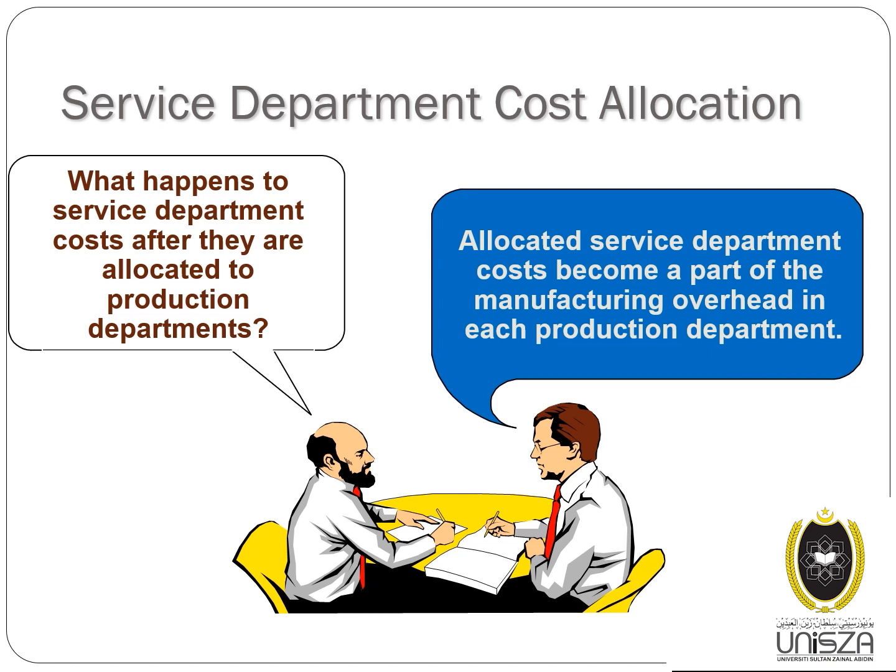Service department cost allocation, still on this subtopic. What happens to service department costs after they are allocated to production departments? Allocated service department costs become a part of the manufacturing overhead in each production department.